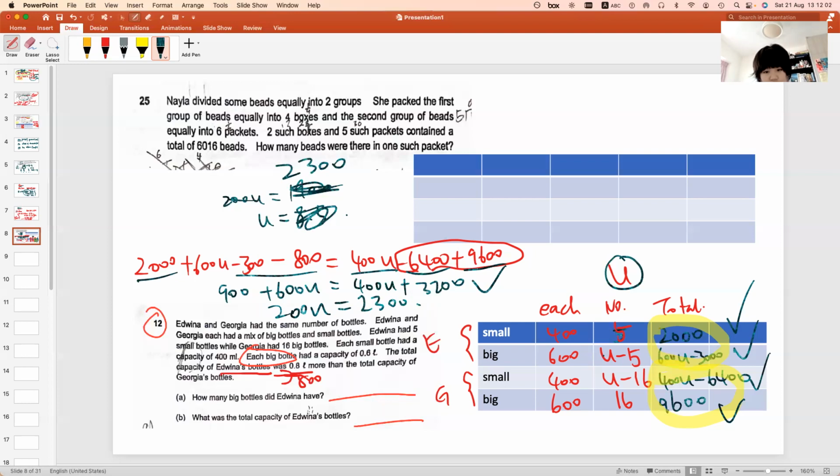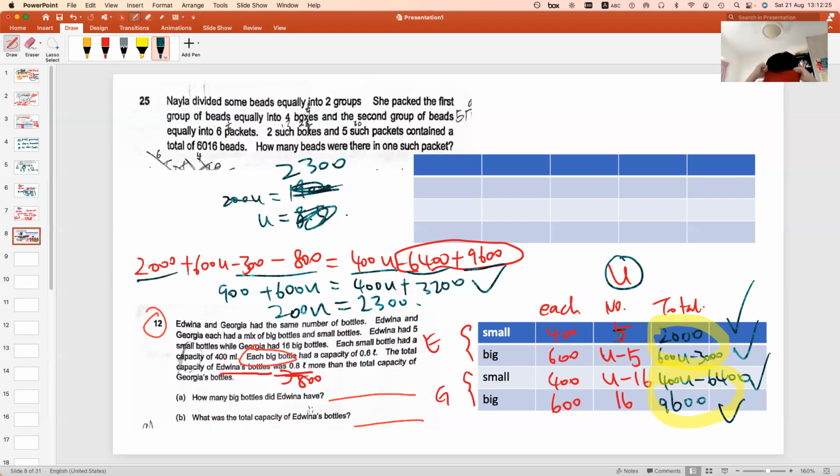Let me see. It has 5 small bottles. Then if they have the same number of bottles, so U minus 5. Correct. So U minus 16. Each small has 400. Okay. Each big has 600.